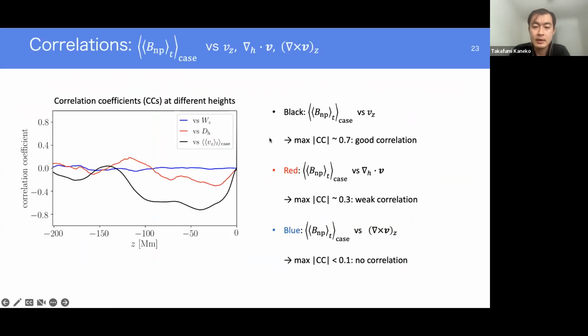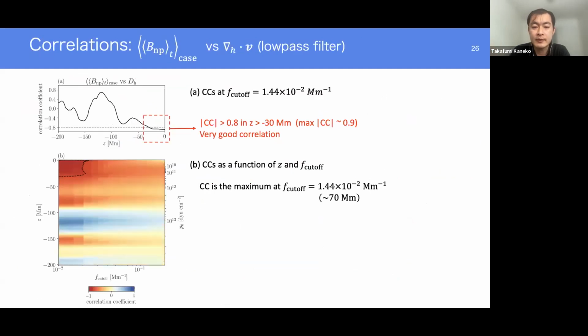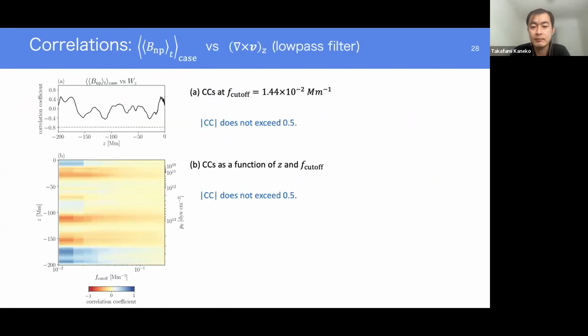This initial positive helicity is just given from the initial state. Positive helicity is converted to positive writhe, and positive writhe means anti-clockwise rotation of the sunspot. So the convection itself doesn't contribute to twisting the field.